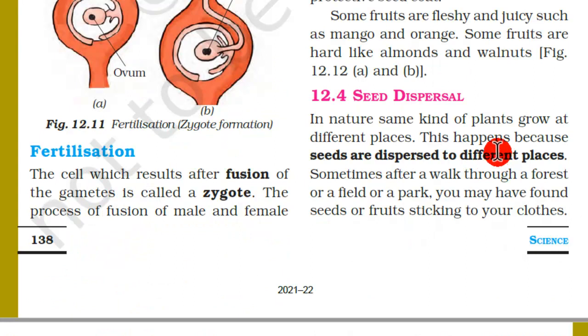The next topic is seed dispersal. Plants are growing in different places because of seed dispersal. Seeds are dispersed to different places by different agents.